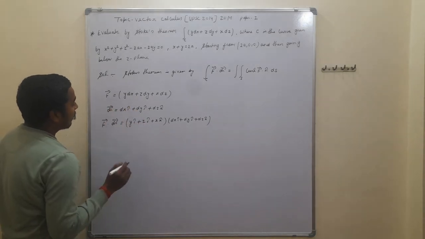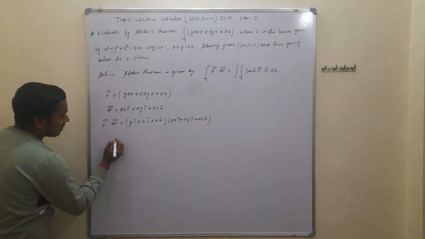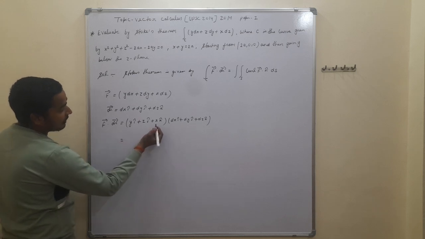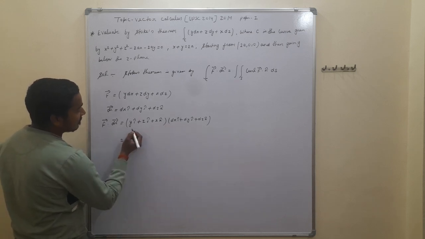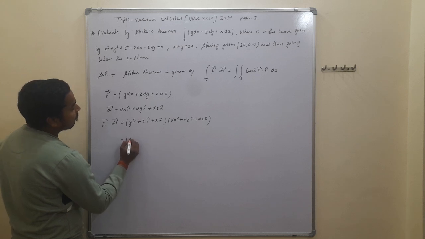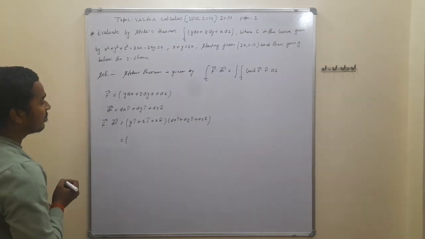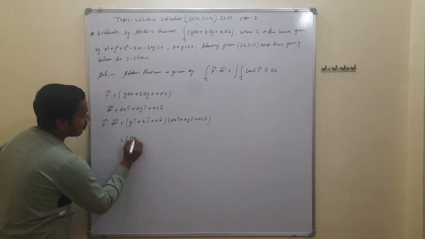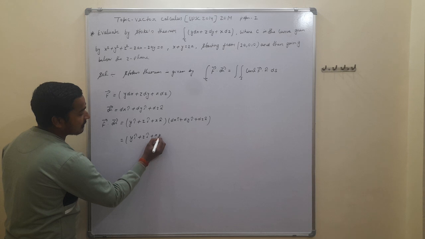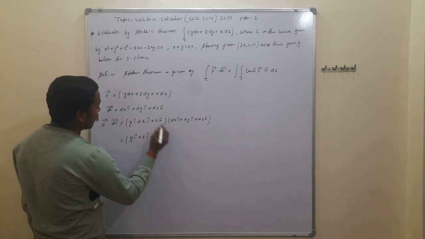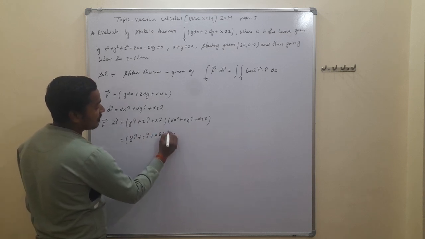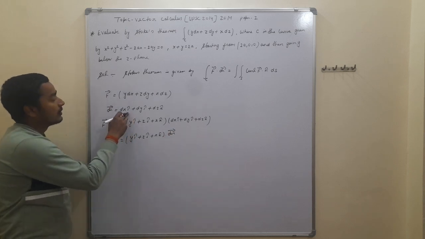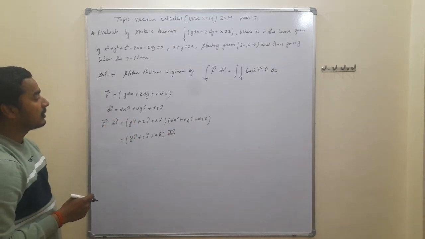This is f, and we can also write it by multiplying once again: y i cap + z j cap + x k cap dotted with dr, where dr vector is given by dx i cap + dy j cap + dz k cap.